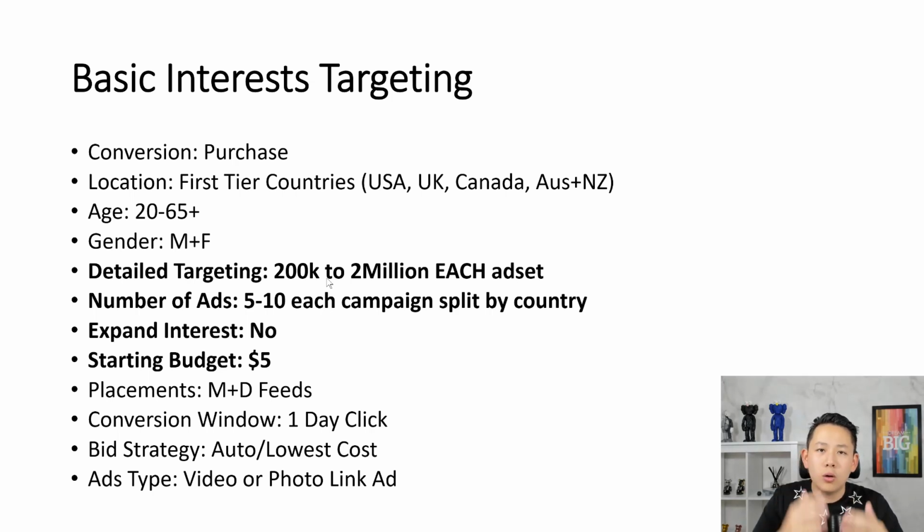Go ahead and start finding the really passionate group for your specific product or niche to start targeting those people. I hope you will be able to find your first sale really quickly using this strategy or the next strategy that I'm going to show you, called basic broad targeting. I'll see you in the next video.